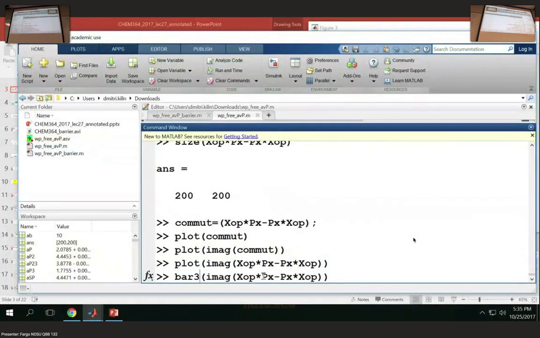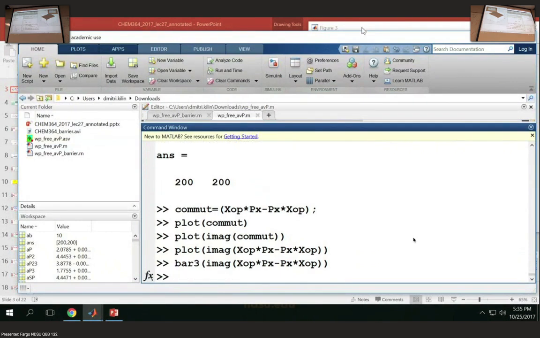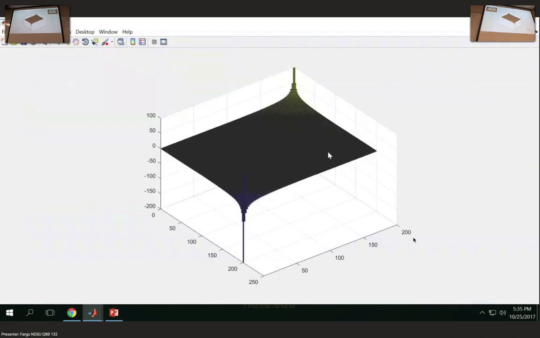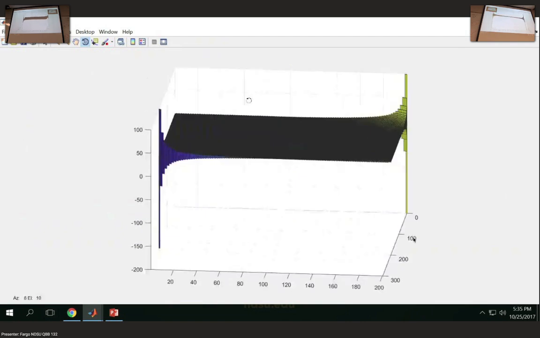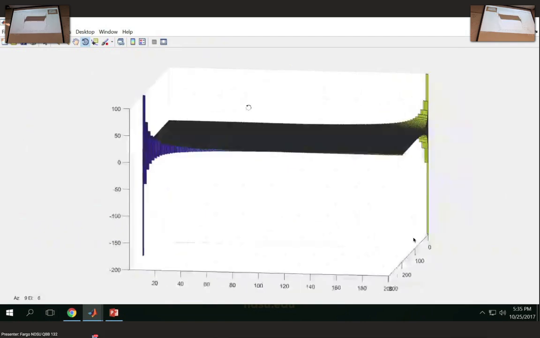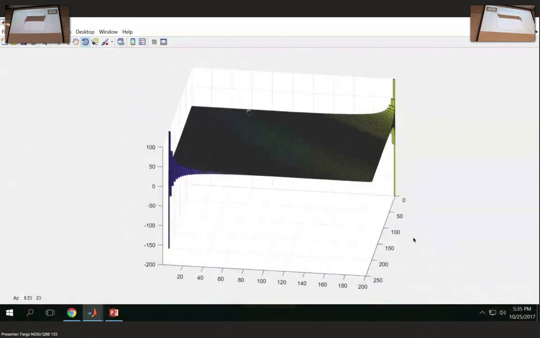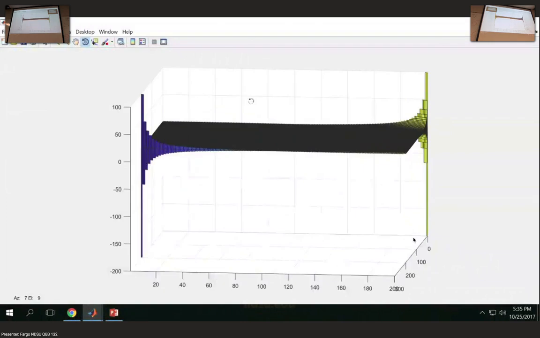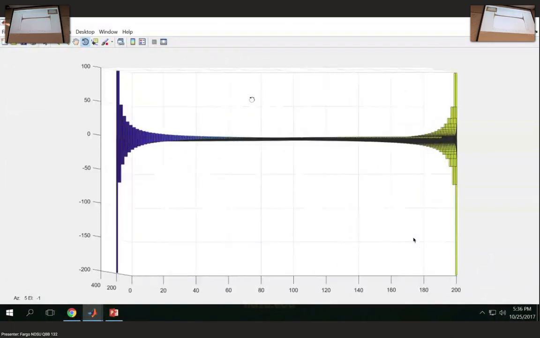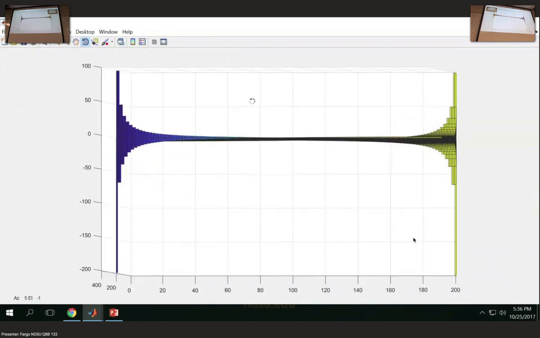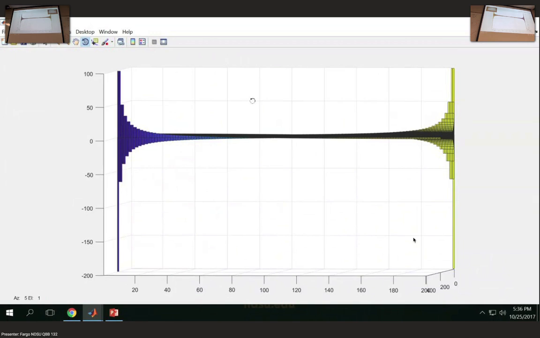I wasn't carefully listening to Beth. So there are specific tools to plot three-dimensional things. So for some reason, the imaginary part is much closer to 0 than to the Planck constant.